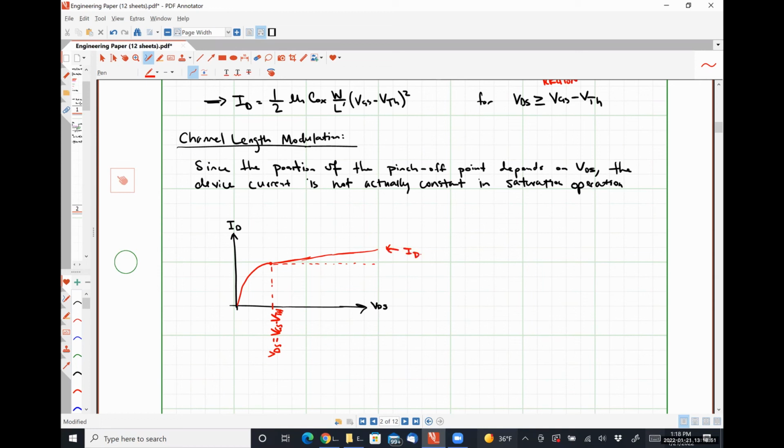Where this ID is given as 1/2 mu n C ox W over L, VGS minus VTH squared, times 1 plus lambda VDS, where lambda is what's called the channel length modulation, which I'm going to abbreviate as CLM, coefficient.